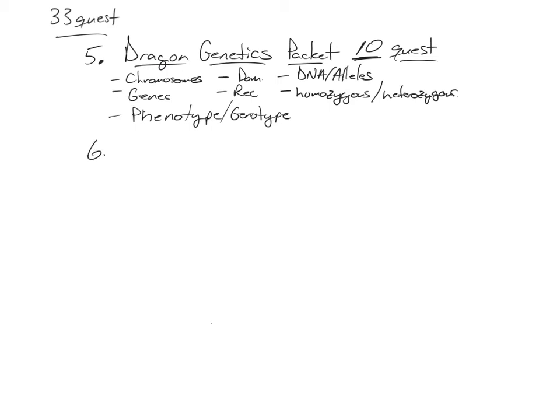Number 6, let's not forget membranes. Yeah, this is the one thing you were hoping I'd forget. And I'm going to include in that cell structures. So you better know your cell structures. Yeah, the nucleus, the endoplasmic reticulum, the structure, the function. You better know it. And you better know osmosis. You learned it in my class already.